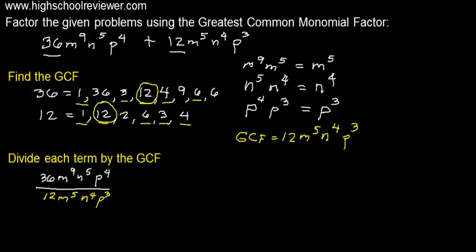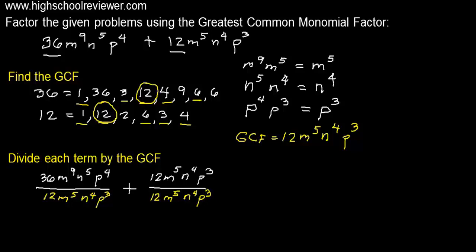And we have here our second term. Do not forget the addition sign. And our second term is 12 m^5 n^4 p^3. And then we will divide this again by the GCF. Our GCF here is 12 m^5 n^4 p^3.